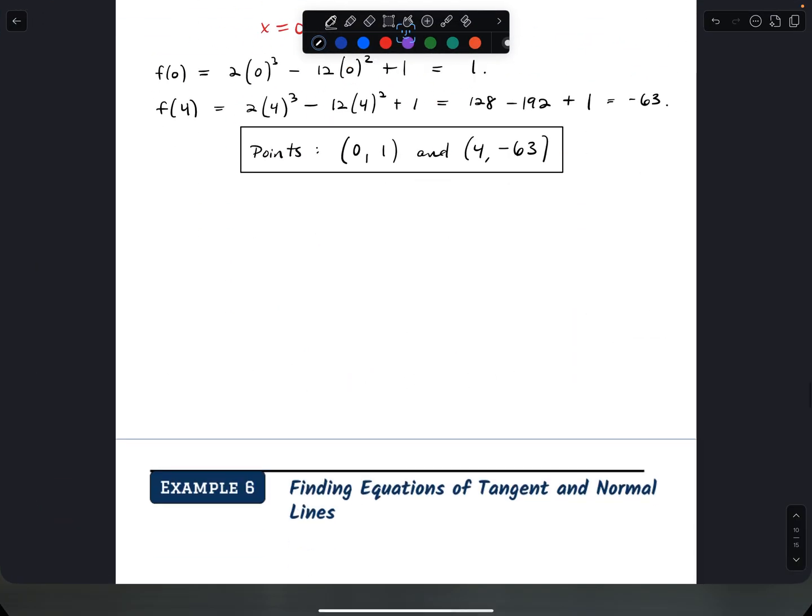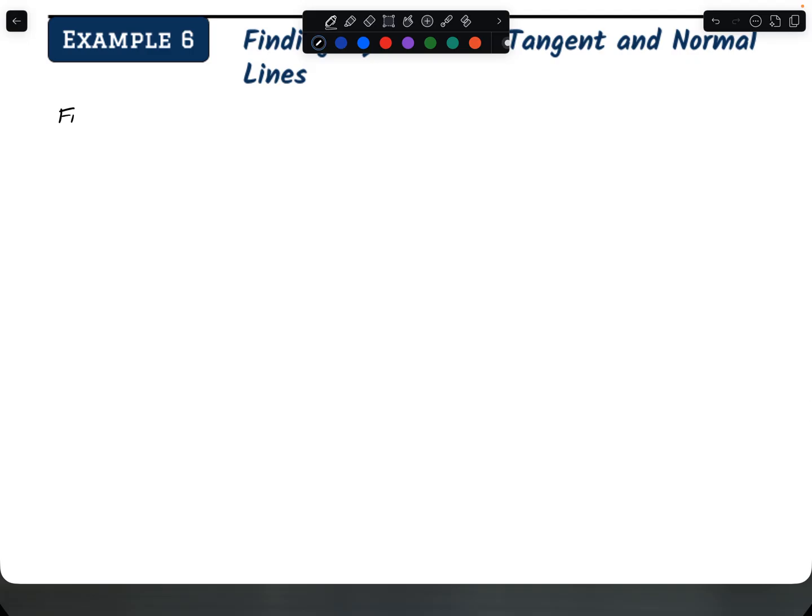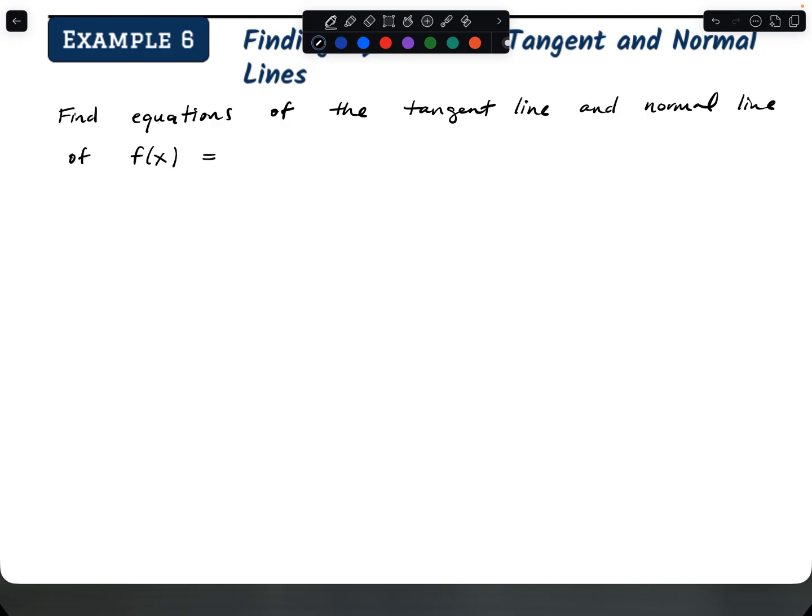Okay, next problem. Find equations of the tangent line and normal line of f of x is equal to 1/2 x squared minus 4x at x equals 2.